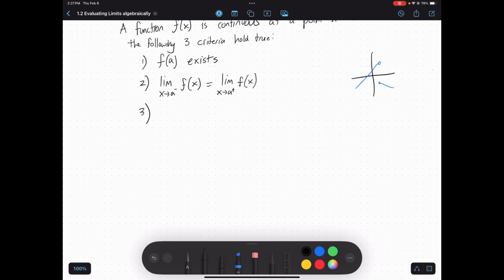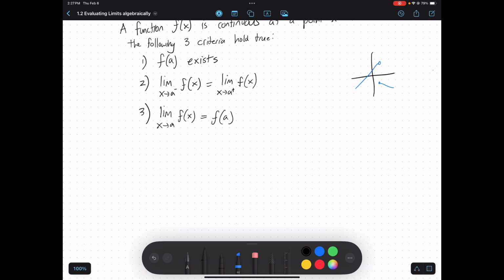Well, if those two limits are equal, that means that the limit in general exists, right? That means that this limit, if I don't specify a direction, will exist because the limits from either side will equal the same thing. Well, the last condition is that whatever this limit is, it has to equal whatever the function value is.